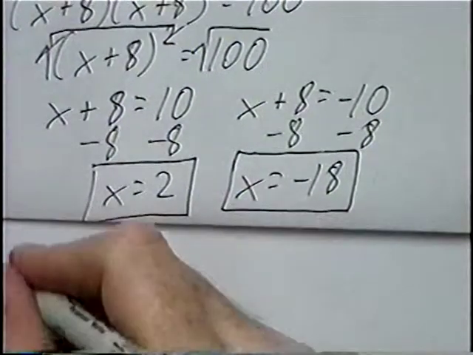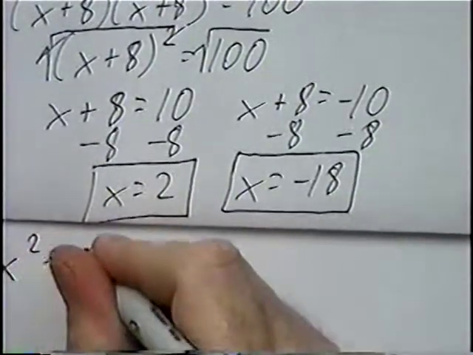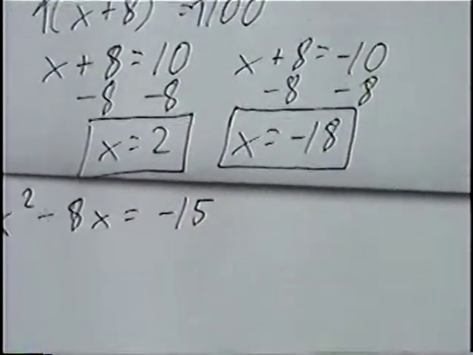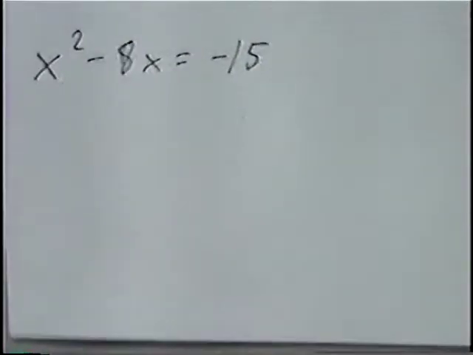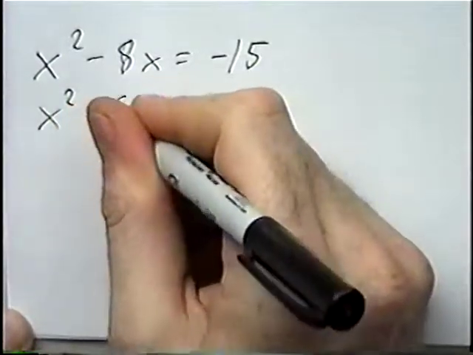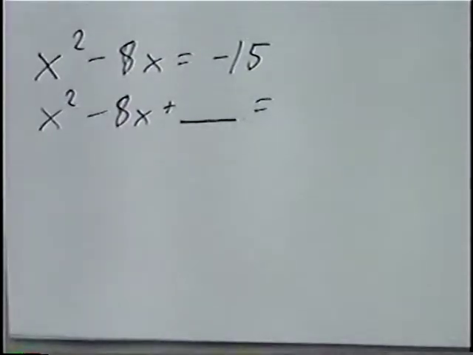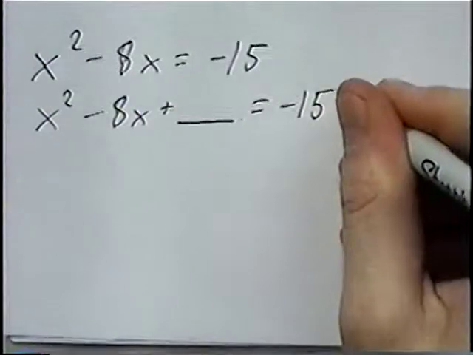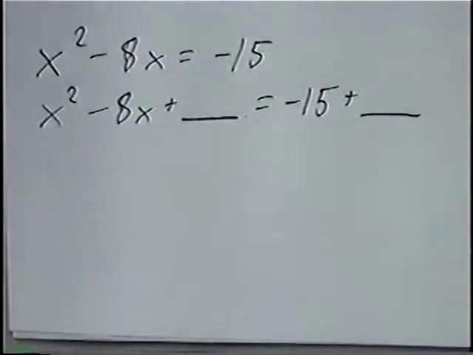Second equation for this section: x squared minus 8x equals negative 15. Solving by completing the square, we rewrite the equation as x squared minus 8x plus a blank spot, which will be a new number to factor, equals negative 15 plus another number, the same number we add on both sides.